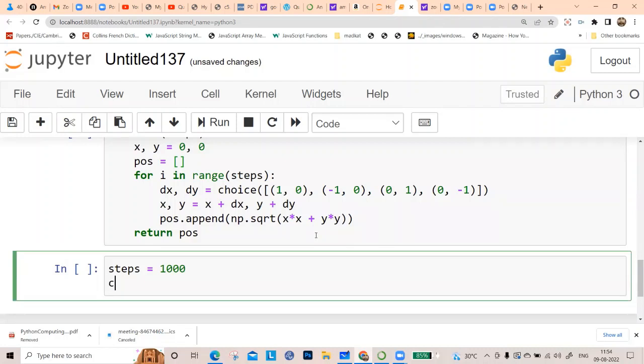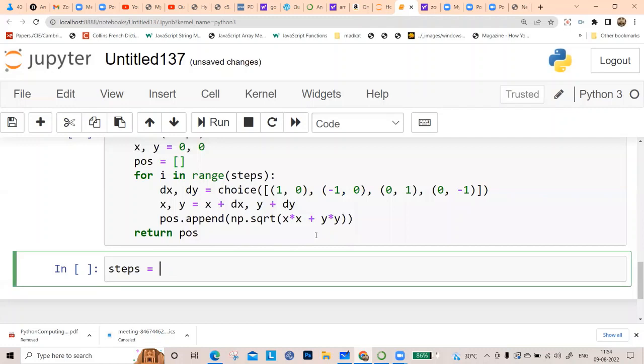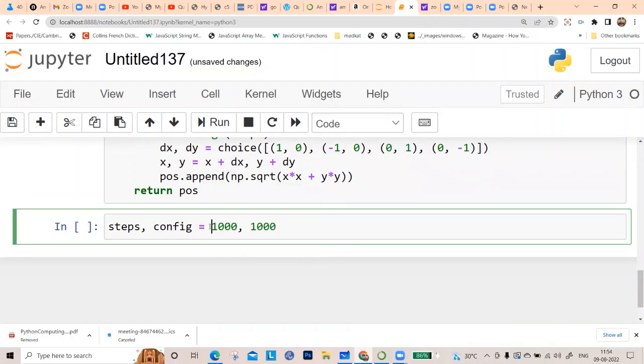So let me write config equal to also 1,000. You can choose anything. I can write it in one line: steps, config equal to 1,000, 1,000. That means I want to create one random walk of 1,000 steps and 1,000 such random walks.